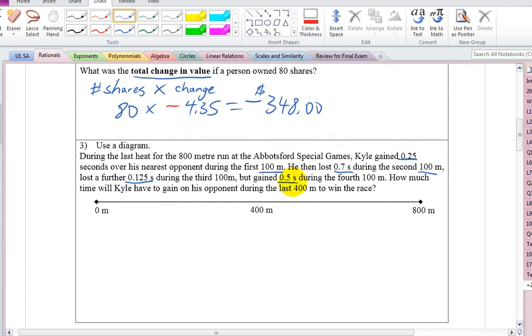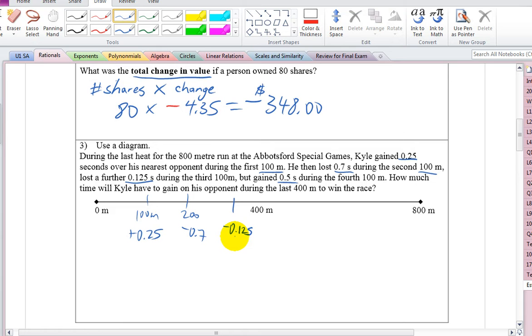Okay, so the first 100 meters happened. Here's 100 meters. And he's ahead 0.25 of a second. Okay. Then he lost 0.7 seconds, so minus 0.7 seconds at the 200 meter mark. Then at the third, he lost another 0.125 seconds.